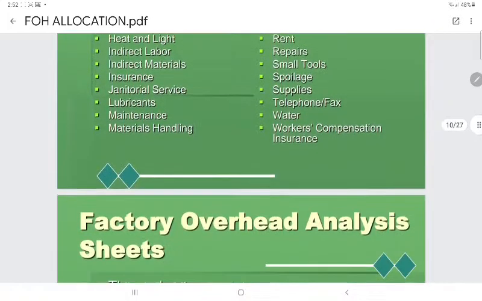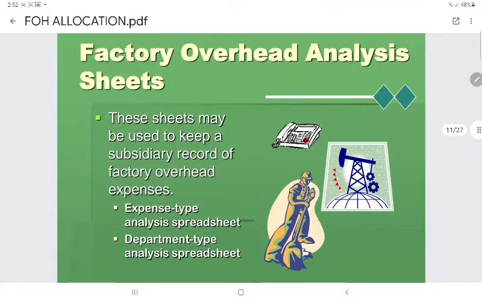Now, if these are the sample, then what are we going to use in order for us to accumulate? You have your analysis sheets and you either use expense type or department type. No? Kasi yung department type, ito yung kung which unit of the business is directly involved in the cost incurred.